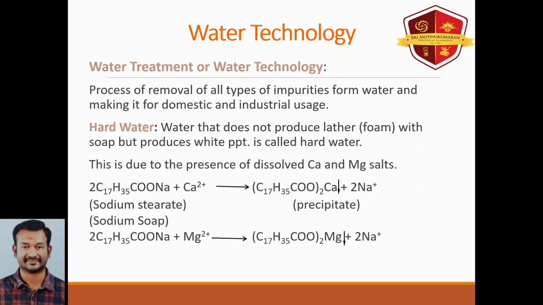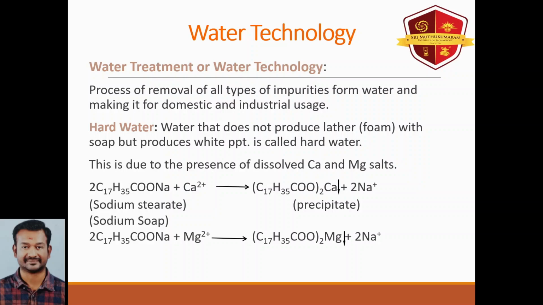Water treatment or water technology is the process of removal of all types of impurities from water and making it fit for domestic and industrial usage. Hard water: water that does not produce lather with soap but produces a white precipitate is called hard water. Generally, hard water contains dissolved calcium and magnesium.